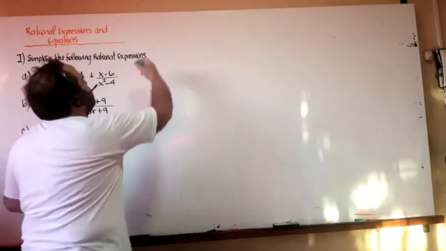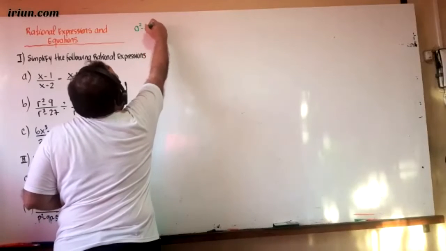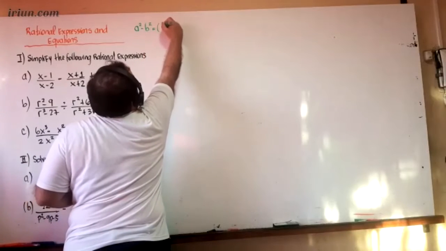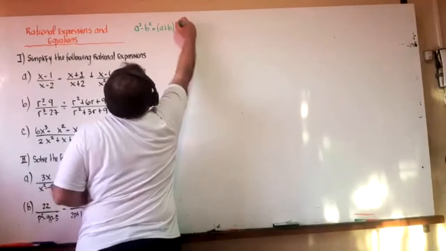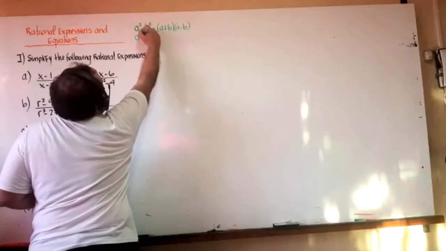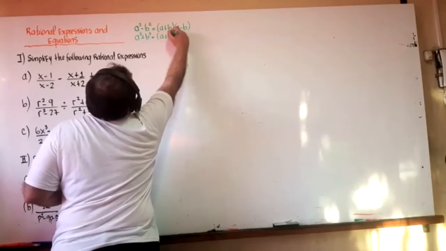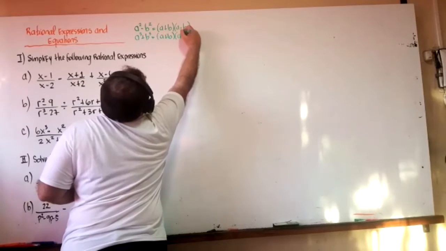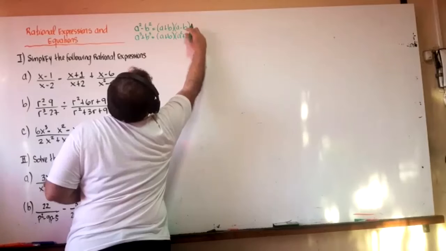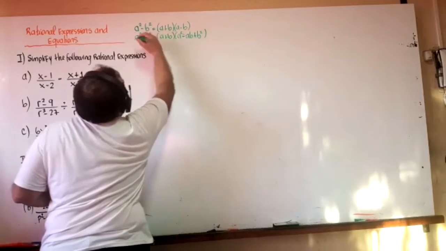We have three special formulas for factoring. The first one, a squared minus b squared will be (a plus b)(a minus b). Second one, a cubed plus b cubed will be (a plus b)(a squared minus ab plus b squared).